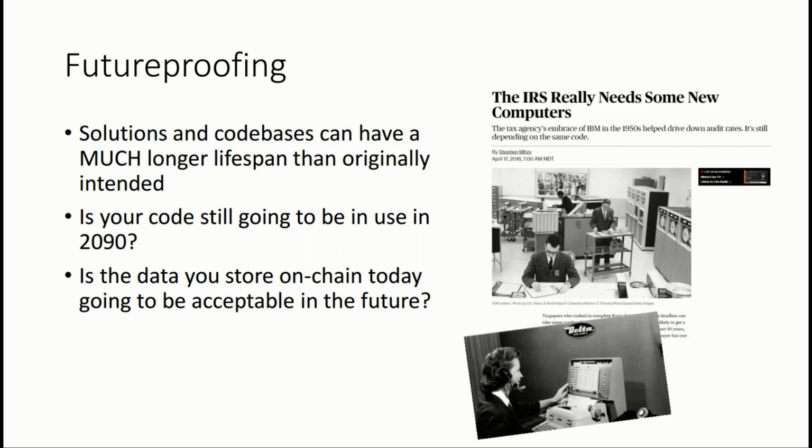For example, the United States IRS is still using some of the same code that was written by IBM mainframe engineers in the early 1950s, almost 70 years ago. Now, obviously, the mainframe systems themselves have long been replaced, but this code has not.